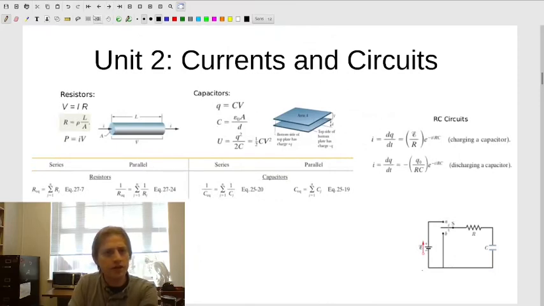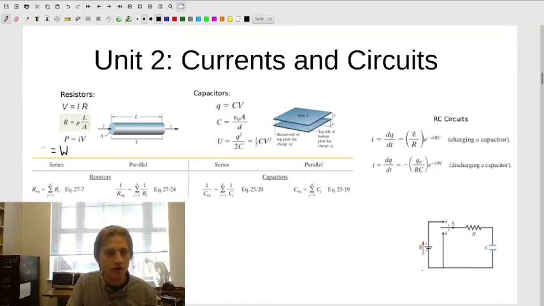Okay, what else did we talk about last time? We talked about resistors and capacitors in circuits. We talked, for instance, about how if you have V equals IR, a resistor, it allows energy to leak out of your system. It's putting energy into the environment, and so the power is in watts.